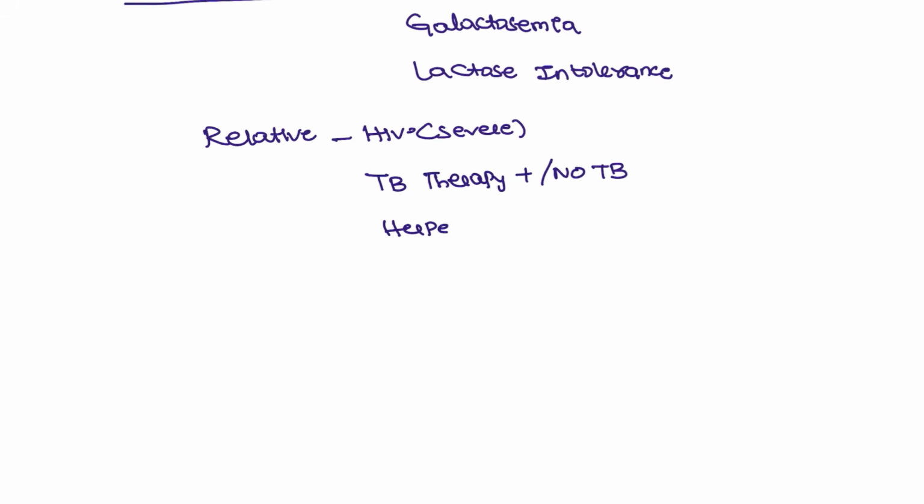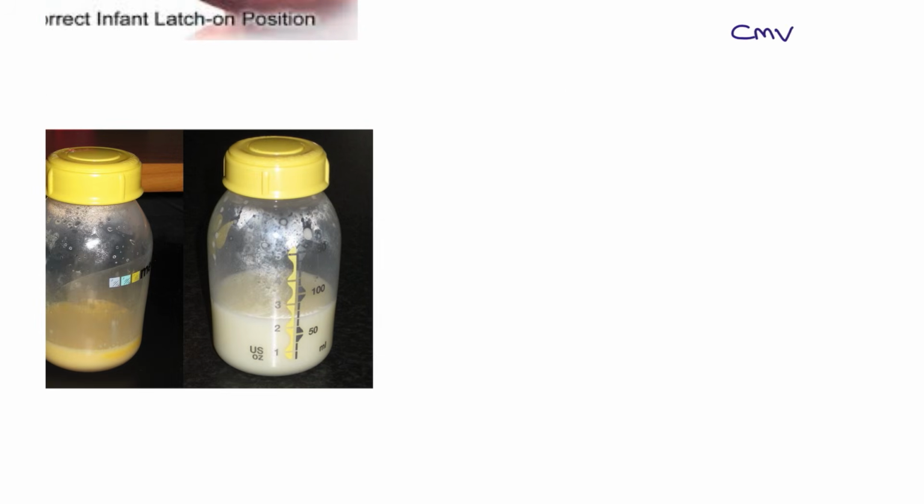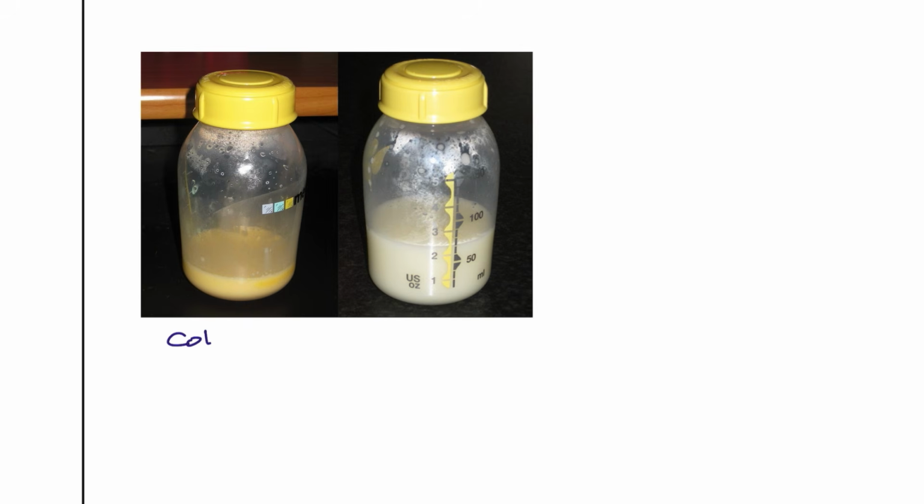Herpes lesions on the breast and areola region are contraindicated, and CMV babies. This is also contraindicated. Next, this is the colostrum, and this is the breast milk, transition milk. In the first 1 week you are going to see this colostrum.